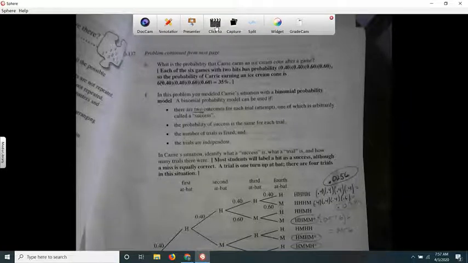And then letter F says, in this problem, you modeled Carrie's situation with a binomial probability model. A binomial probability model can be used if there are 2 outcomes for each trial. You know, like your tree, it has just 2 branches, one of which is arbitrarily called a success.